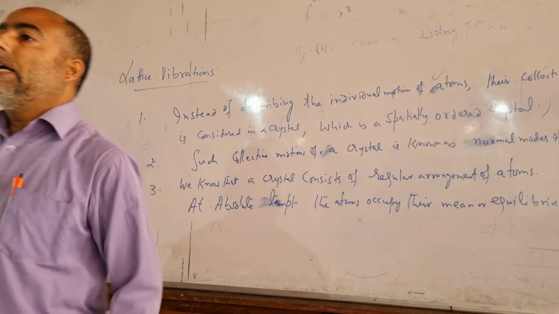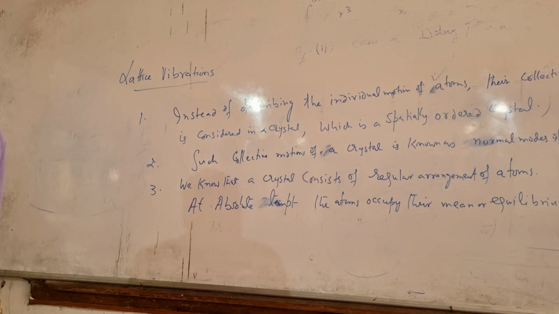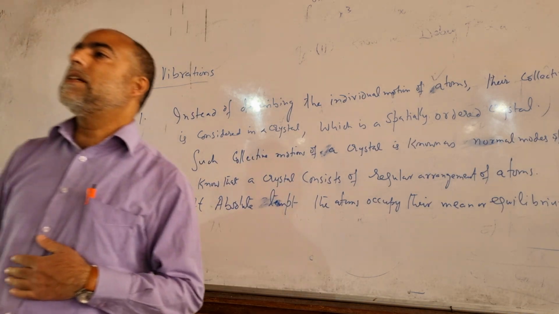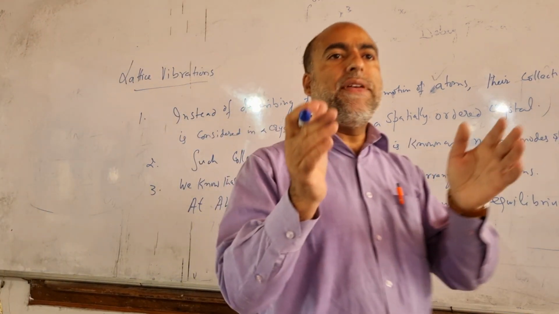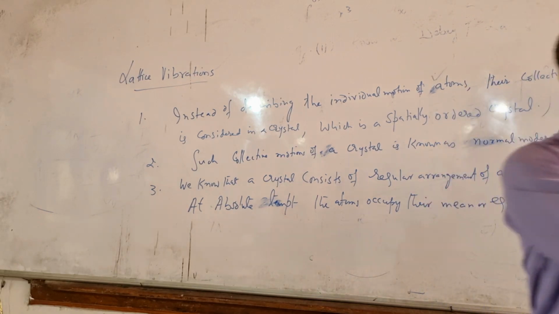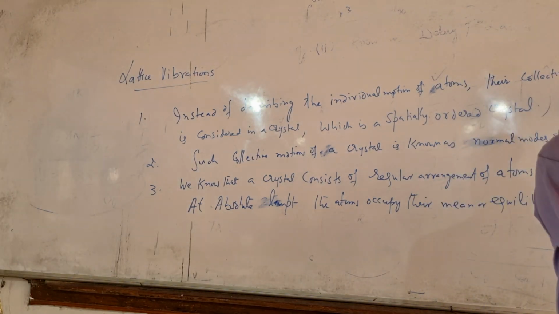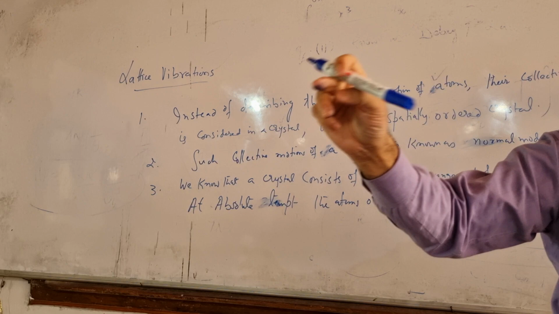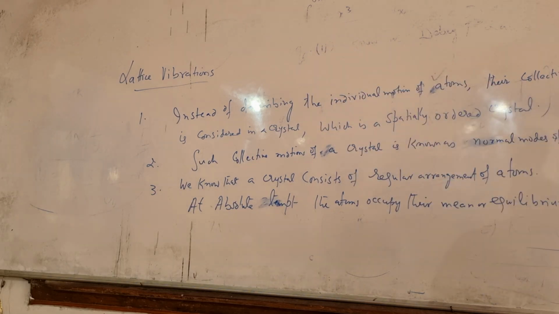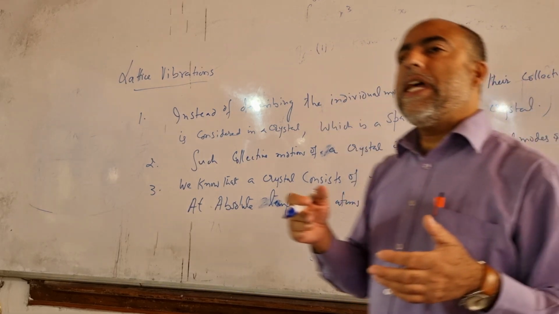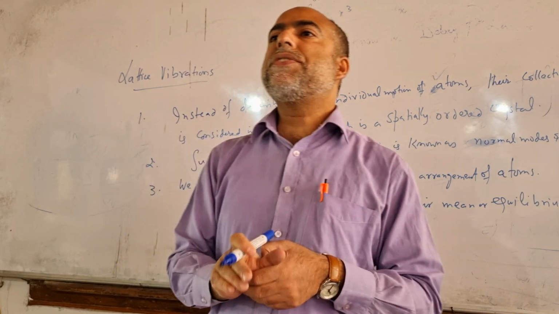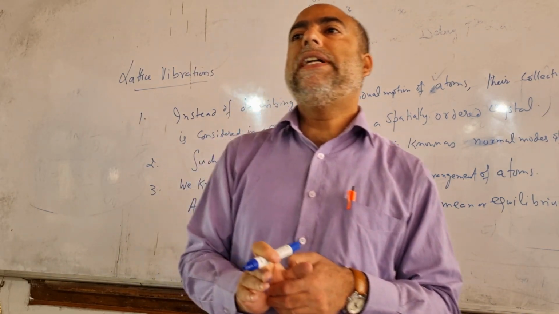Mean or equilibrium position. So their existence. You are having continuous neighboring atoms as well. Suppose you take one atom, it will be having a neighbor on this side and a neighbor on this side. So these atoms will definitely oscillate.